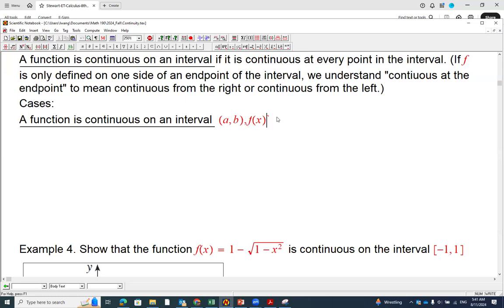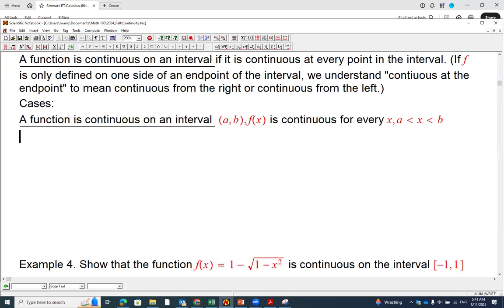So in this case, f is continuous for every x between a and b, not including a, not including b.